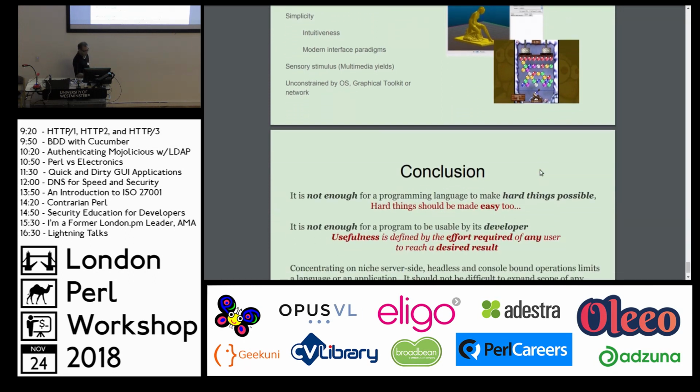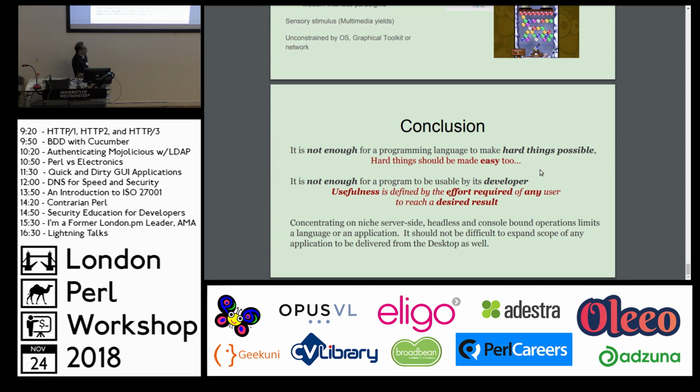So I would say, from those things that we discussed, it is not enough to make hard things possible. Hard things should be made easy too, and that's the paradox. That's the message I would like to say. And it's not enough. A lot of us, well, I have done up till now, create programs to serve my needs.